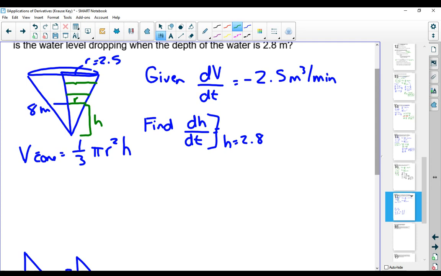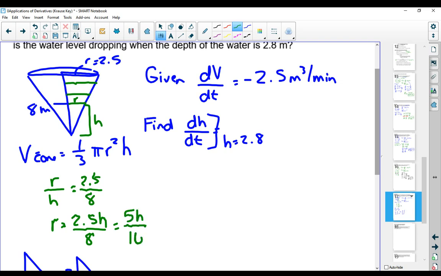So because these are similar triangles, we can say that the radius over the height is the same as 2.5 over 8. And we can use that to rearrange and write this equation in terms of r. So solving here, we'd have r equals 2.5 times height divided by 8. Again, we don't want decimals in our fraction, so that would reduce to 5h over 16.